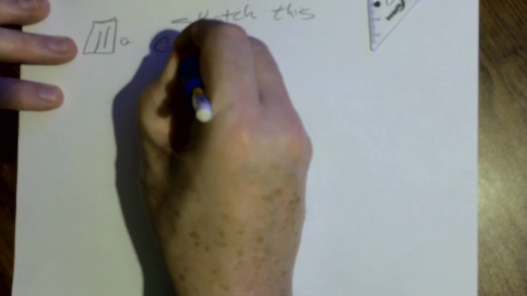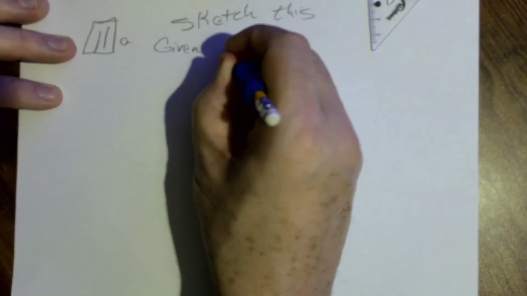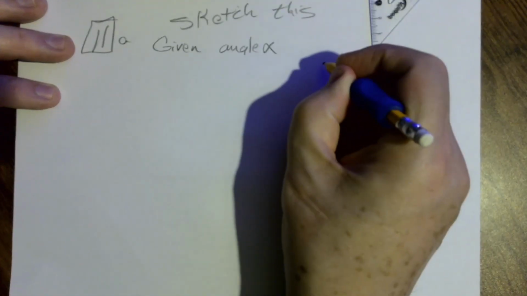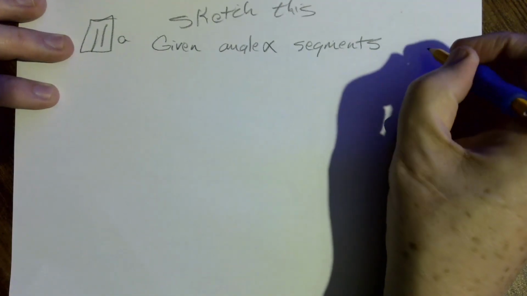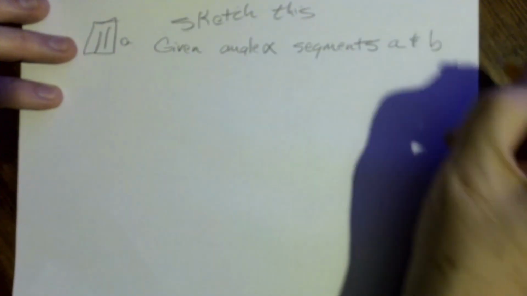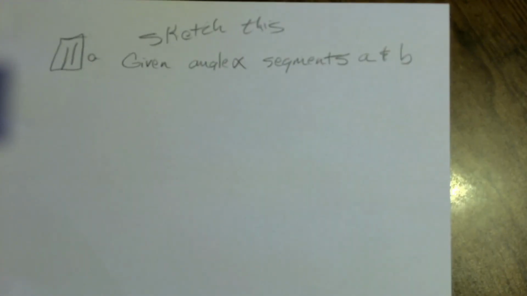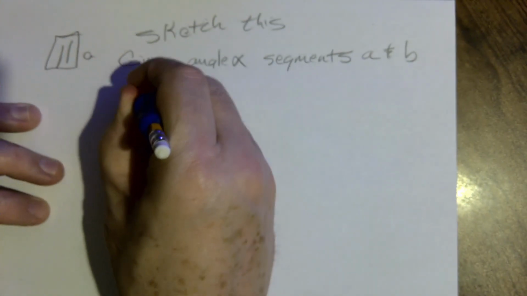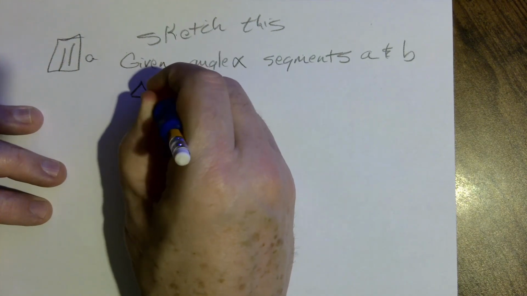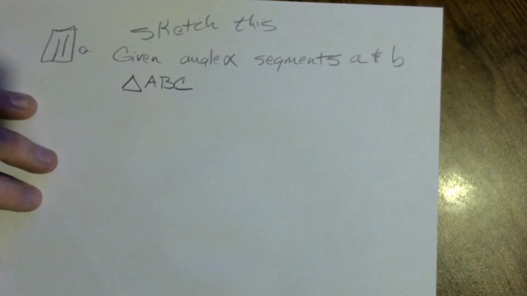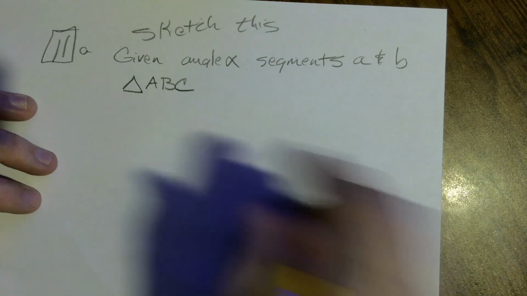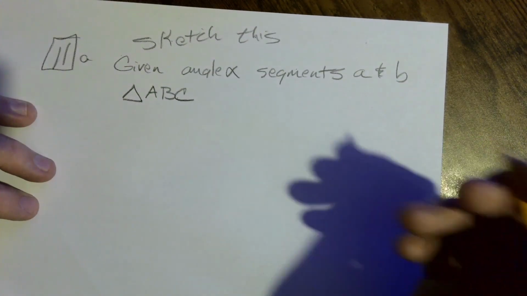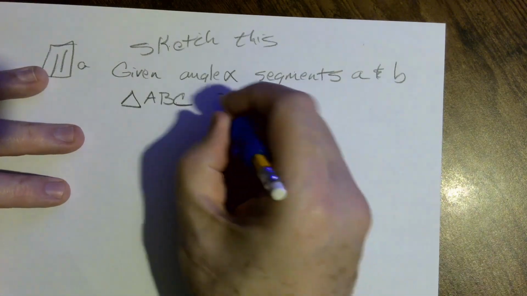So, this is given angle alpha, and then 2 line segments, A and B. So given those 2 things, construct a triangle named ABC such that, in your drawing, it wants us to label it like this.